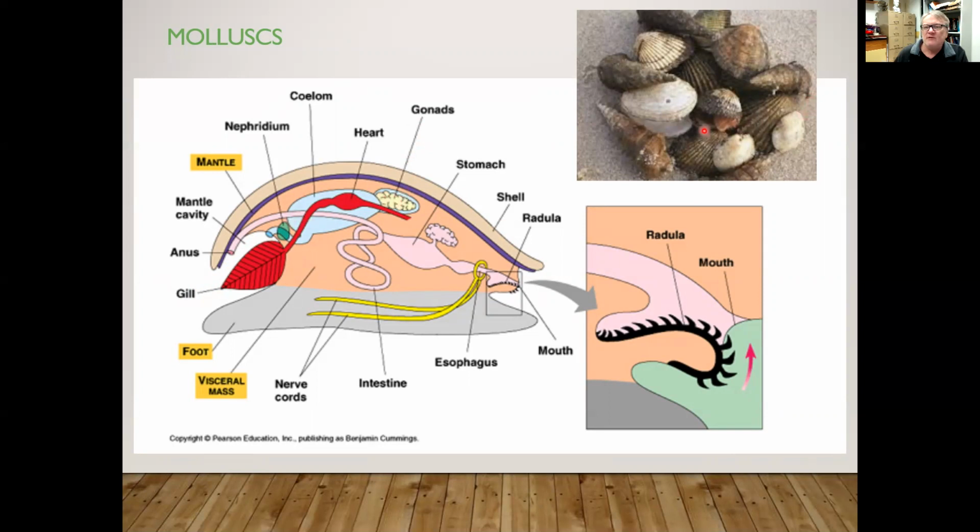So even in a very simple oyster or clam, we're already starting to get quite advanced in our processing of food and distribution. And we're also going to learn later in the semester about removal of waste, and the nephridium is essentially their version of a kidney. So next time you look at an oyster, it's a much more complex organism than you might have otherwise suspected.